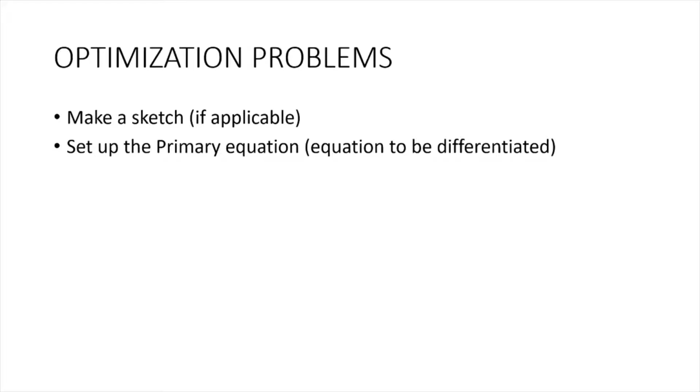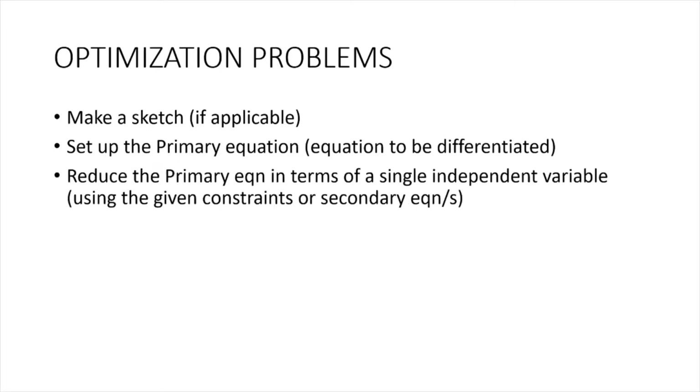Now, most of the time, the primary equation is defined in terms of more than one independent variable. So, we'll be using the given constraints in the problem to formulate secondary equations that will help us reduce the primary equation in terms of a single independent variable.